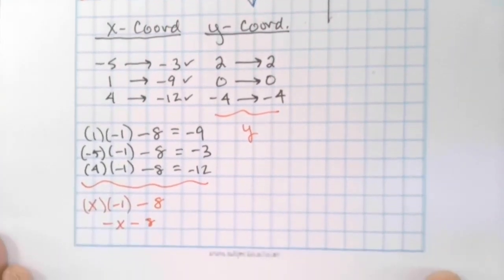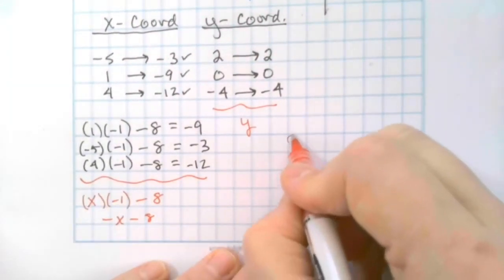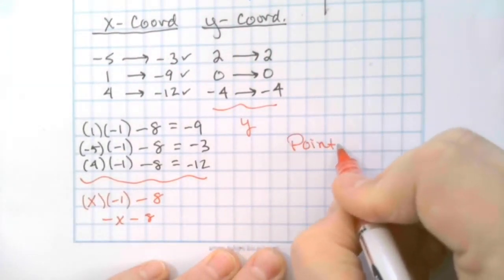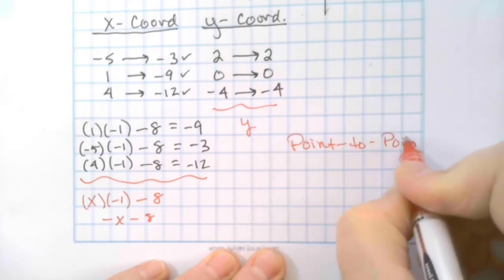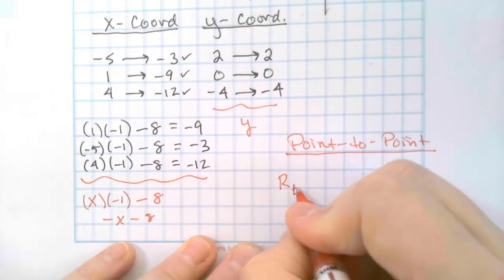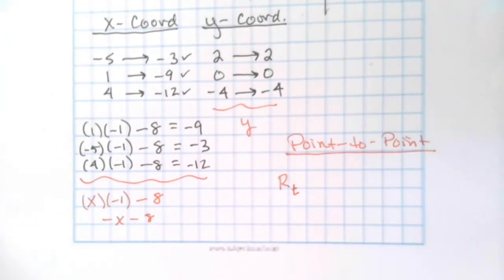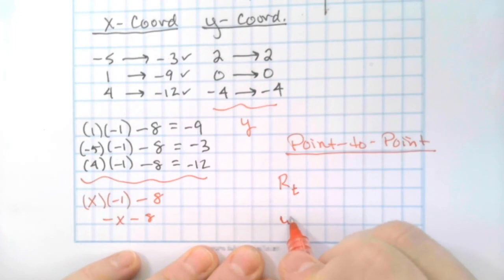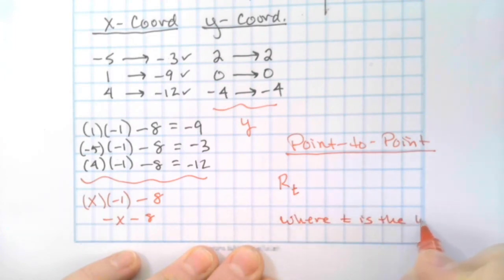So now we're ready for our point-to-point rule. Point to point. We're going to reflect the figure, and sometimes in your book they will say italicized T, and then somewhere else below it they'll say where T is the line x equals -4.